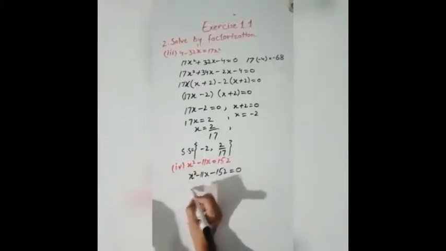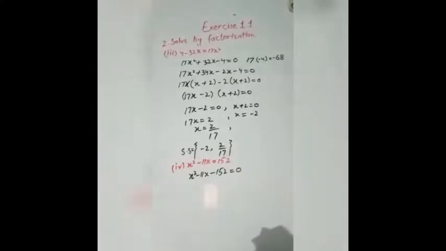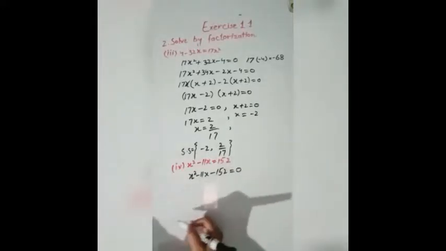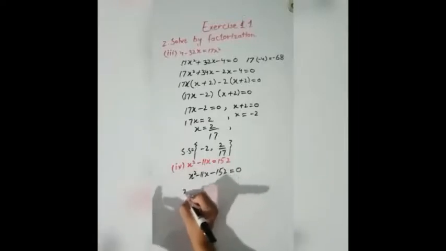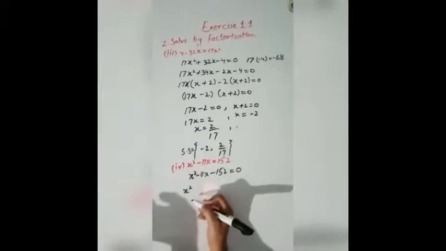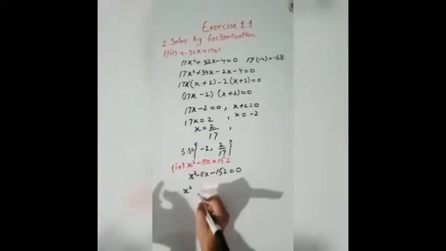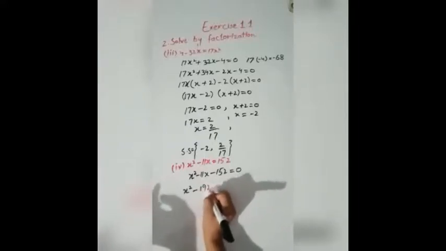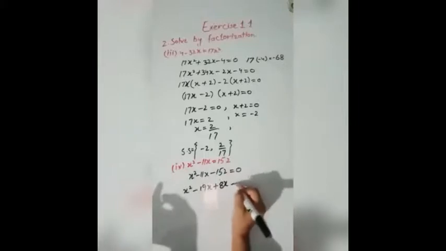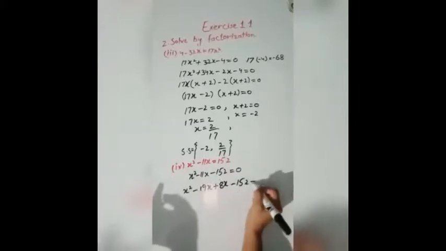So here now we have to choose some r and s whose summation is equal to this one and product is equal to this one. So the factors are x square minus 19x plus 8x minus 152 is equal to 0.